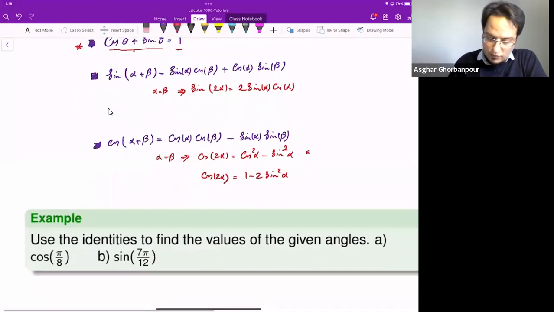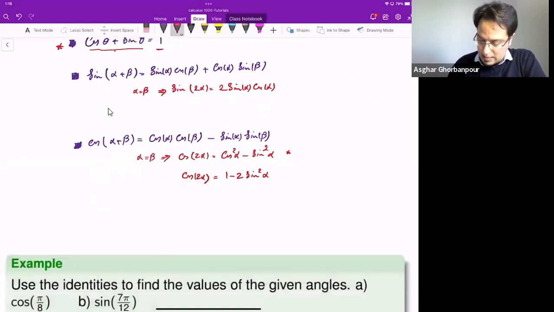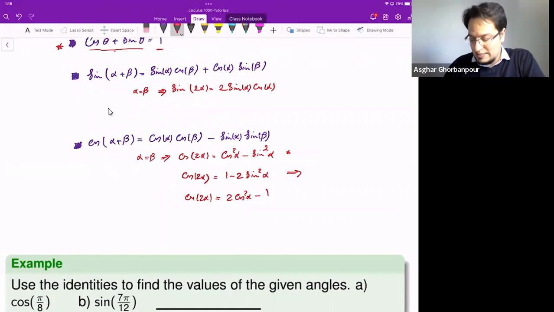Or if you do one more cosine 2 alpha, you can write sine squared as 1 minus cosine squared, then this will give you this guy. And then you can turn these around and find the half angle formula, which is basically sine squared of alpha over 2.